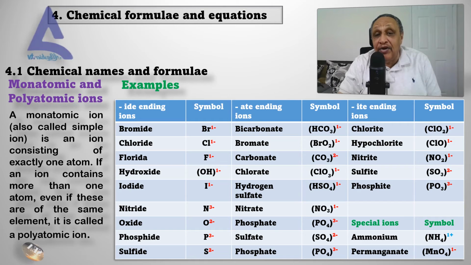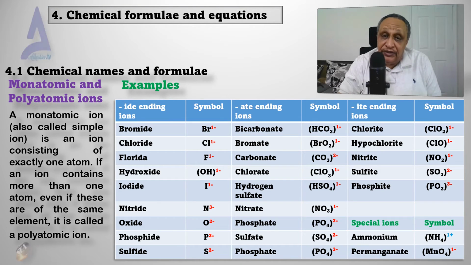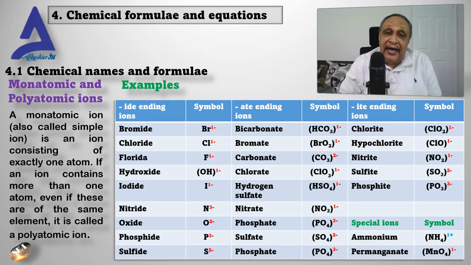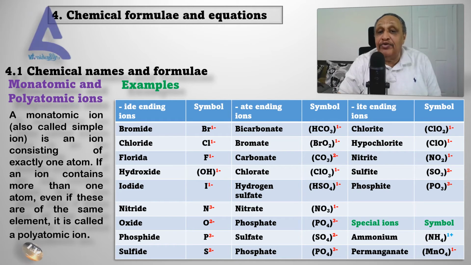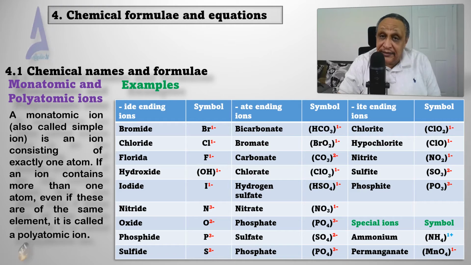Now, if we go to the ATE ending ions, like bicarbonate, the symbol of it is HCO3, in parentheses, -1. Bromate, BrO3, -1. Carbonate, chlorate, hydrogen sulfate, nitrate, phosphate, sulfate, phosphate. I think phosphate here is listed twice.